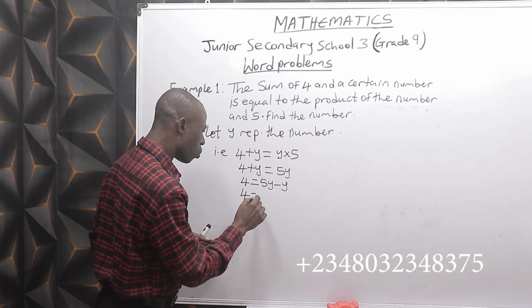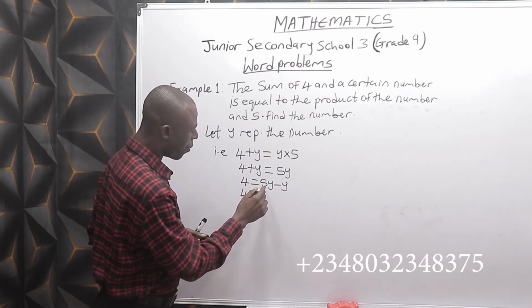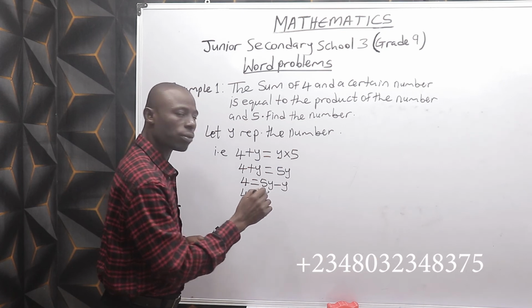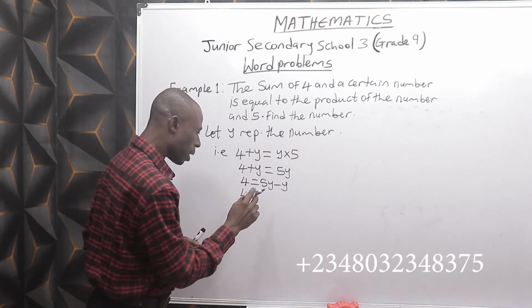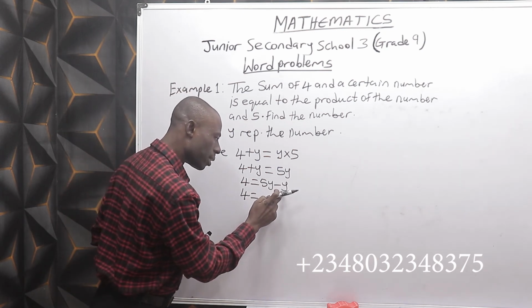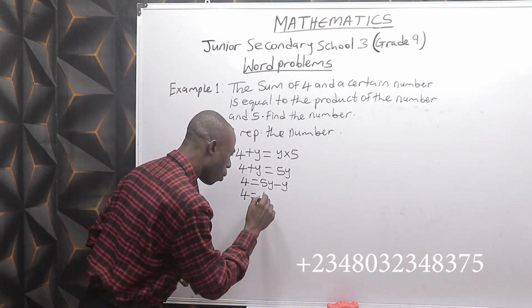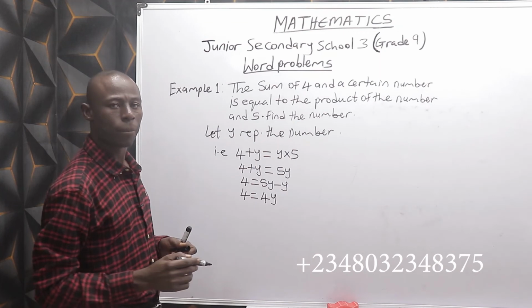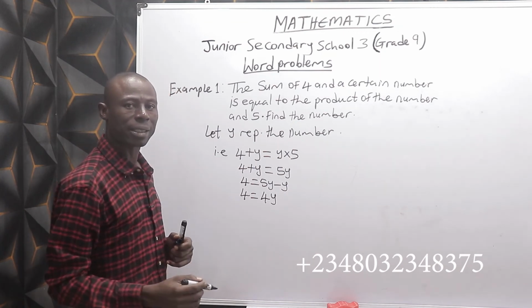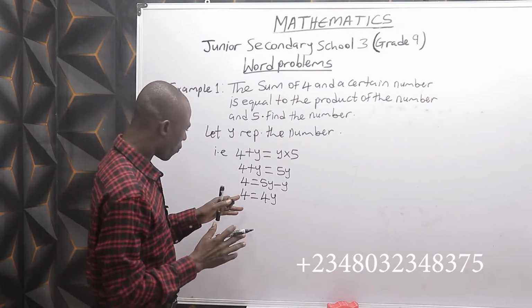So 4 is equal to positive 5Y, negative Y. That is, subtract this Y from 5Y. We have 4Y. Divide both sides by positive 4.